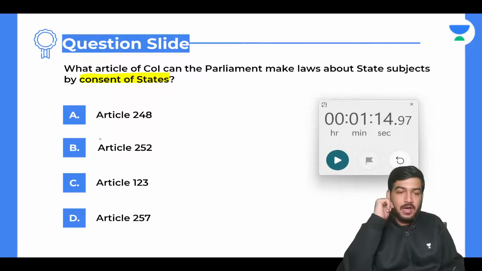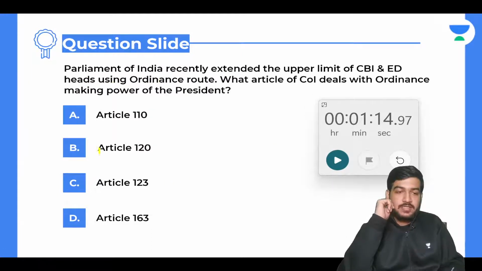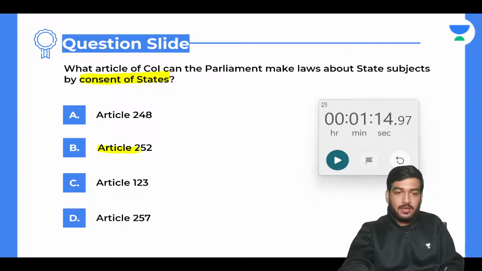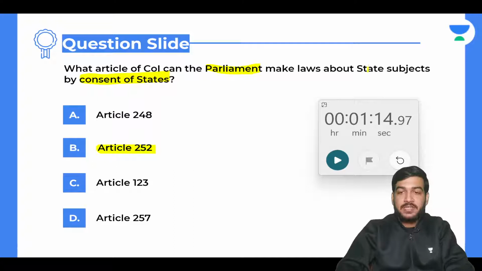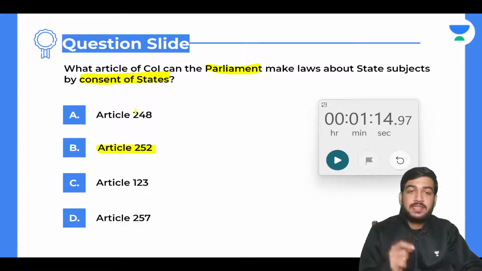Okay, the answer to this question is Article 252. Under Article 252 of the Constitution, the Parliament can make laws about state subjects. The distinction is the consent of two or more states.